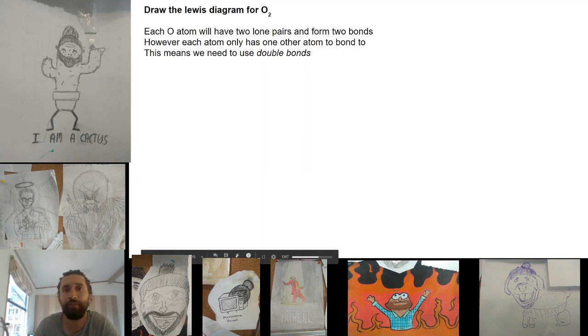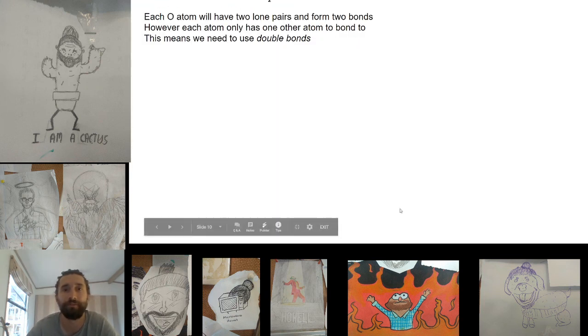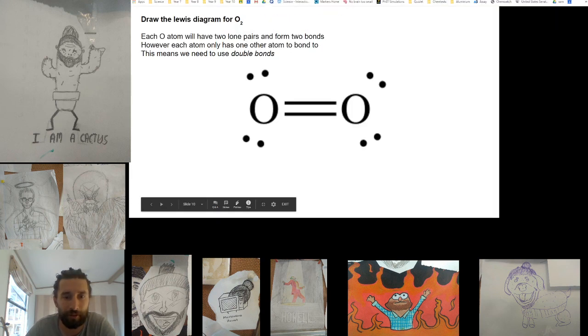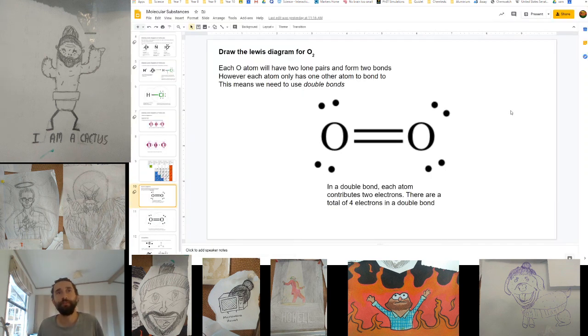This loads. Give me a little while. All right, so some molecules. Crikey, is that working? One second. There we go, we're back on. All right, some molecules.